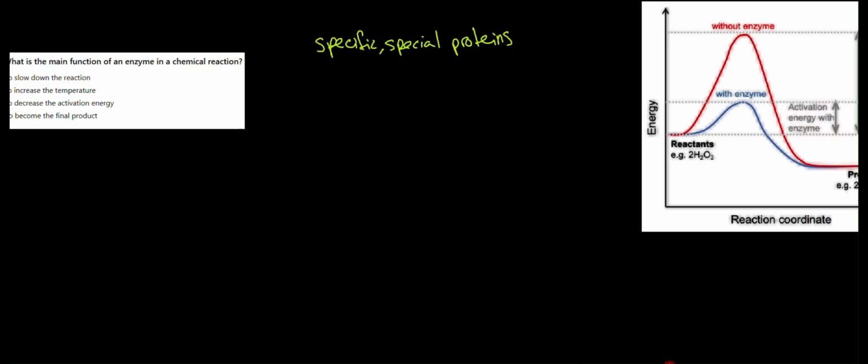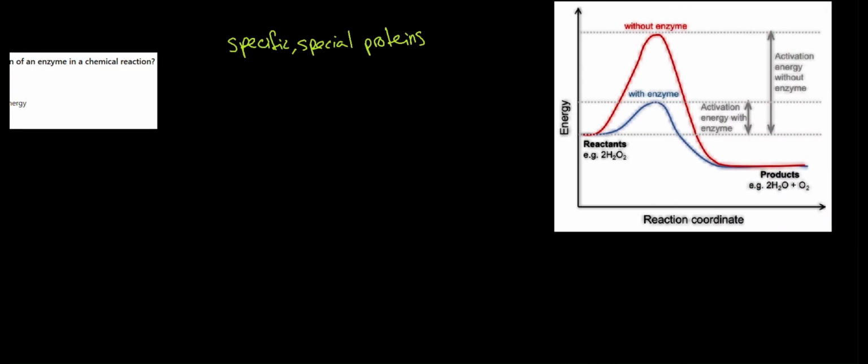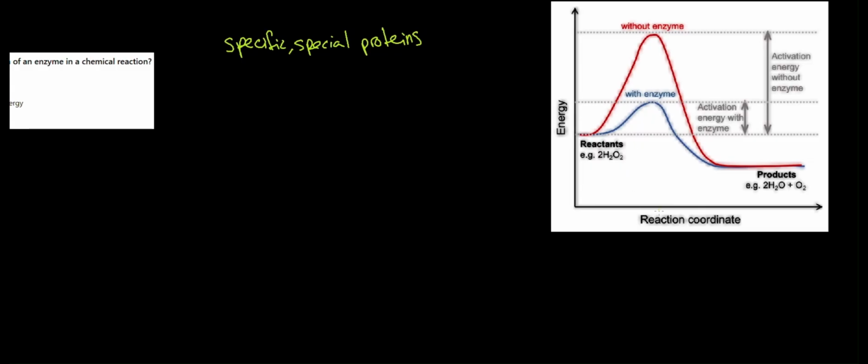And so over here, I brought back the image from the last video. What it's trying to show is this is the energy on the y-axis, and this is the reaction coordinate on the x. And what it's trying to show is that the initial amount of energy needed with and without the enzyme is different. With the enzyme, the activation energy, which is the initial energy needed to activate the chemical reaction, is lower with the enzyme than without.